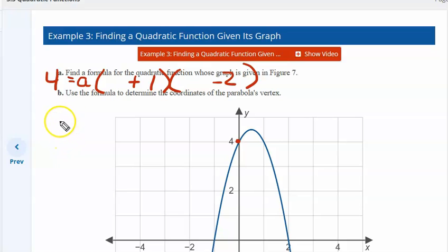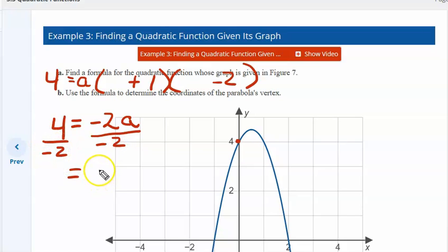Okay, so we now have 4 equals 1 times negative 2 is negative 2a. So we're going to divide both sides by a negative 2. And we get a is negative 2.